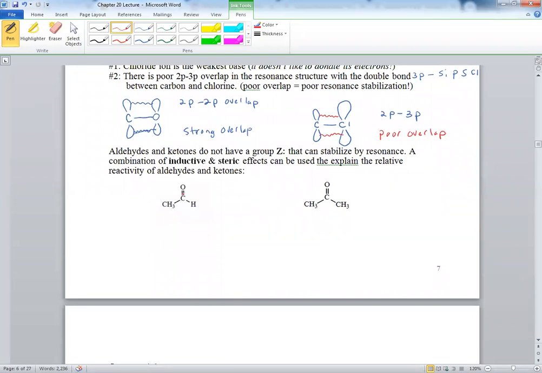So this one has an inductive effect because you have methyl. Remember, methyl is an electron donating group, EDG, remember from the last chapter.